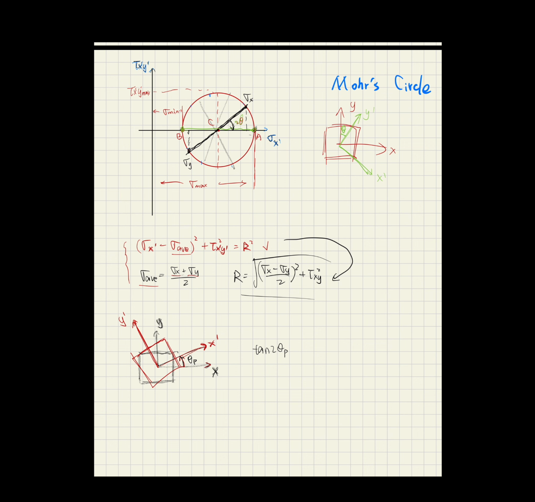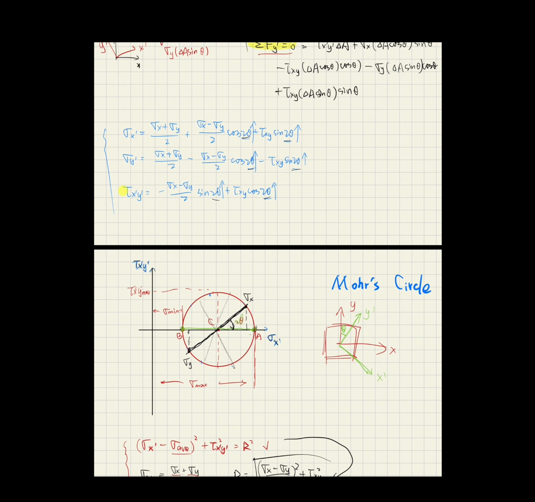We can use the equation we derived earlier. Why? Because when the normal stress reaches its maximum, we can see it is located on the horizontal axis, which means the value on the vertical axis, tau x prime y prime, is 0. So if we want to know the information about this point A, we just set this equation to 0.